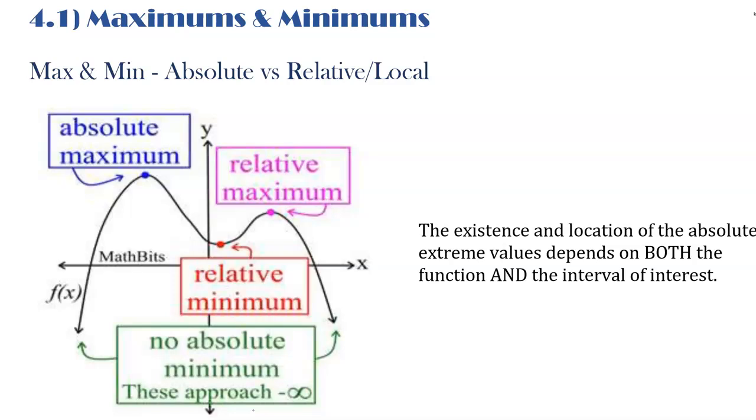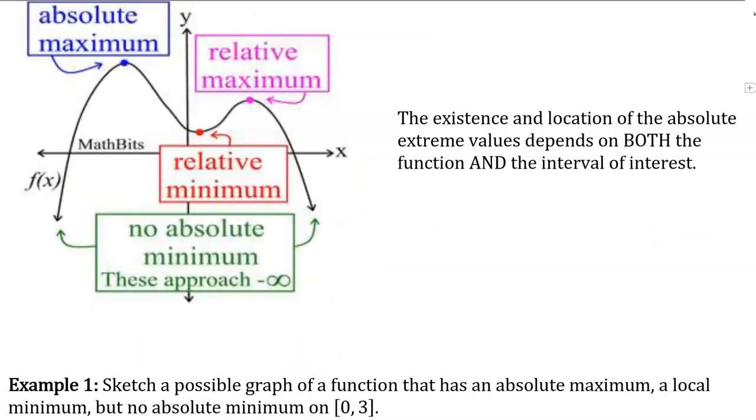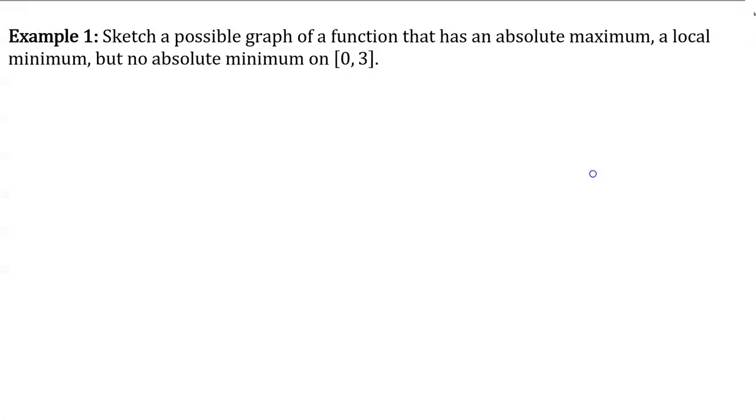For the moment, let us work on a smaller scale. So we want to sketch a possible graph of a function that has an absolute max, a local min, but has no absolute minimum on the interval [0, 3].